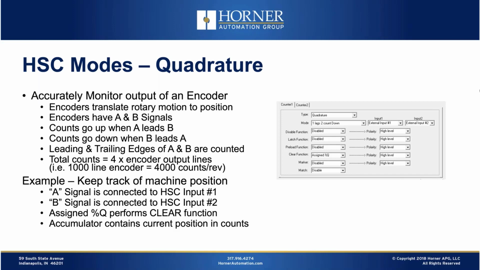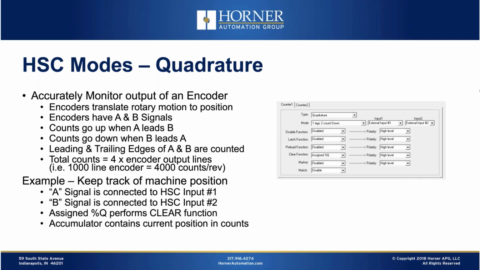Again, the A signal is connected to input 1, and the B signal is connected to input 2. Now some encoders have something called a marker signal, and that is something that you can use with the OCS if you choose. If you do, you would most likely wire it to input number 3, for instance. And what is a marker pulse? Well, a marker pulse is a pulse that's on exactly once per revolution.